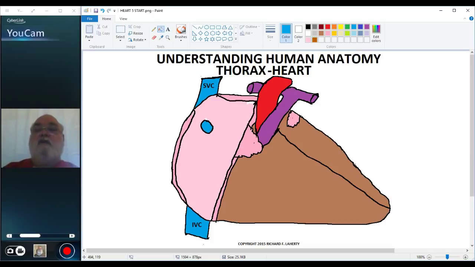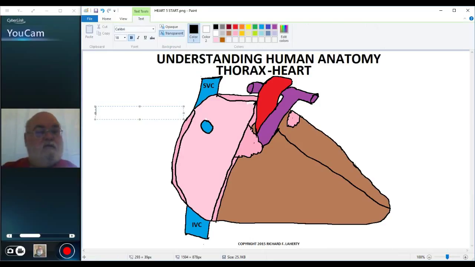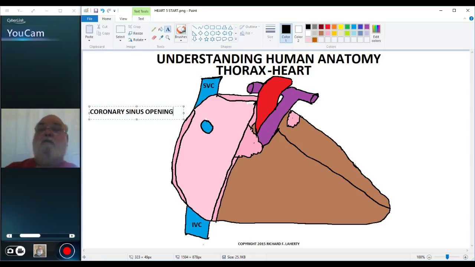Again, this is the opening of the coronary sinus. And we'll put a line over to it.